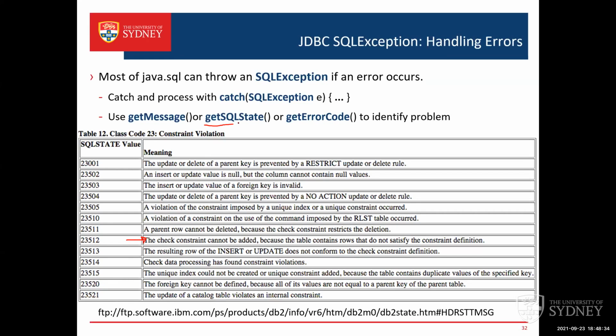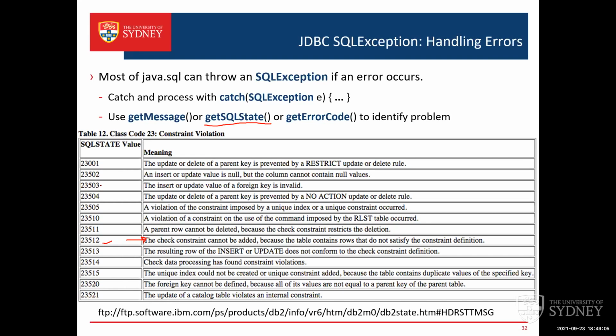If I simply print e.getSQLState(), then we will see this one, 23512, if something like this happens. This one is saying the check constraint cannot be added because the table contains rows that do not satisfy the constraint definition. Let's say I'm trying to insert a check constraint there, but we still have some data there, so you cannot enforce that one. That is the state that we have.